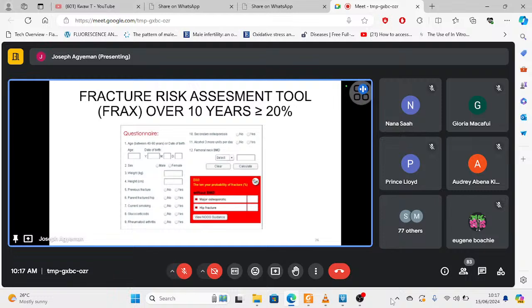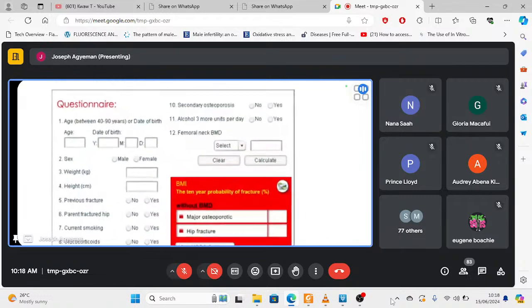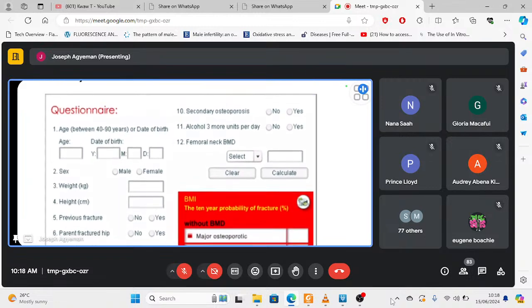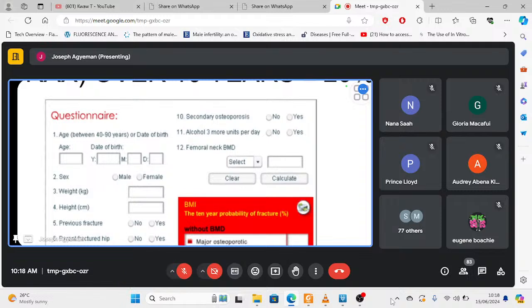And this is how the fracture risk assessment tool looks. It's always asking questions about the possible risk factors. So this is how almost all assessment tools are. If you are using any assessment tool, normally it includes the risk factors. And then you put everything in there, and you do the calculation, and it's normally automatic. It gives you the figures. So you see age is here because age is a risk factor.